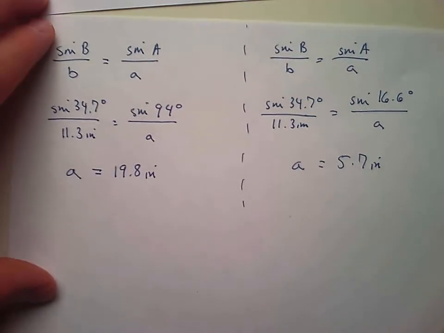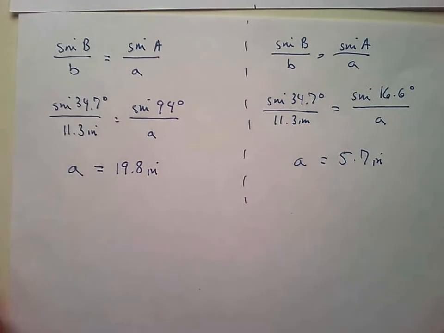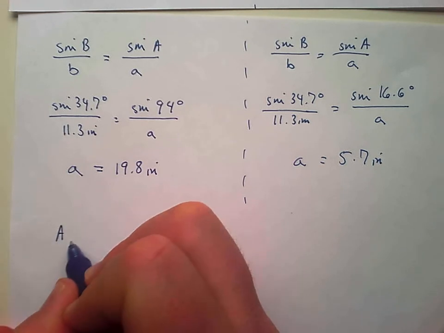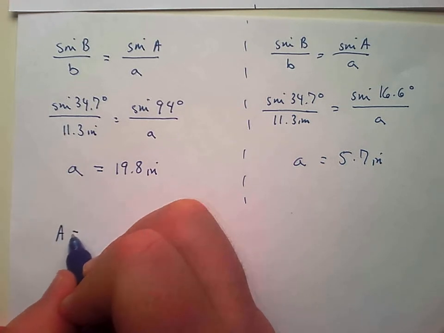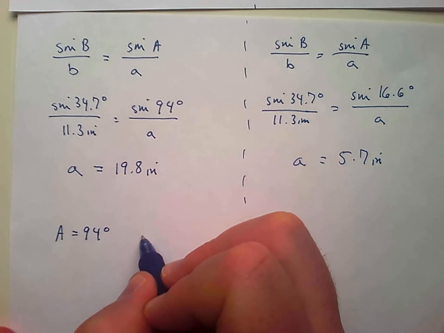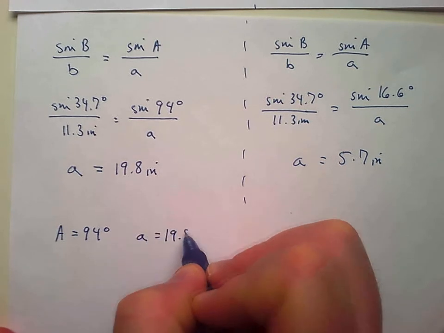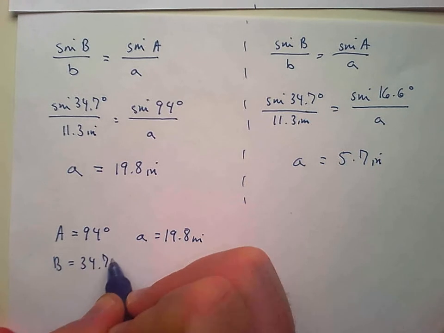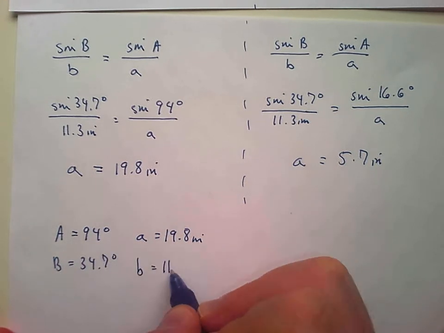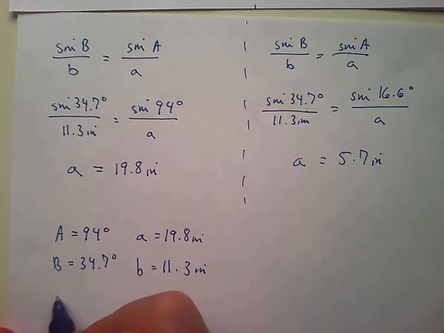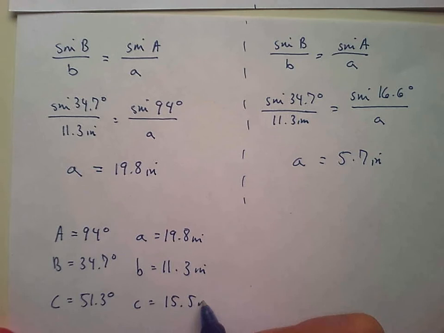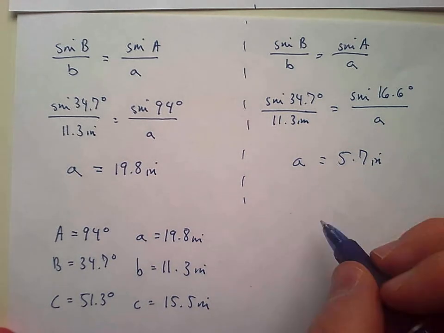So therefore, in these two cases, since we can have two triangles, here we can have our solutions be that A is 94 degrees and side A is 19.8 inches. B is going to be equal to 34.7 degrees and B is equal to 11.3 inches. And C is equal to 51.3 degrees and C is equal to 15.5 inches.